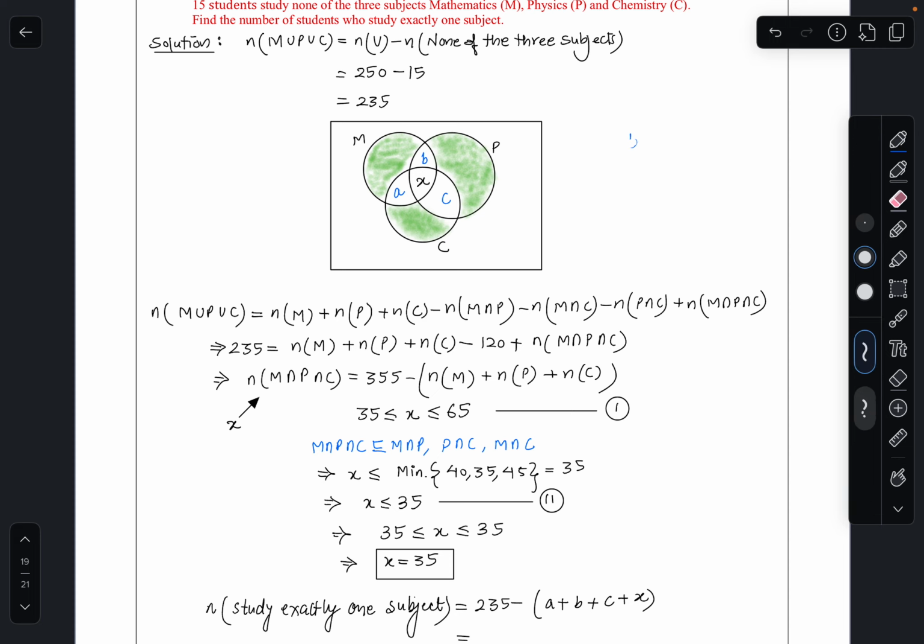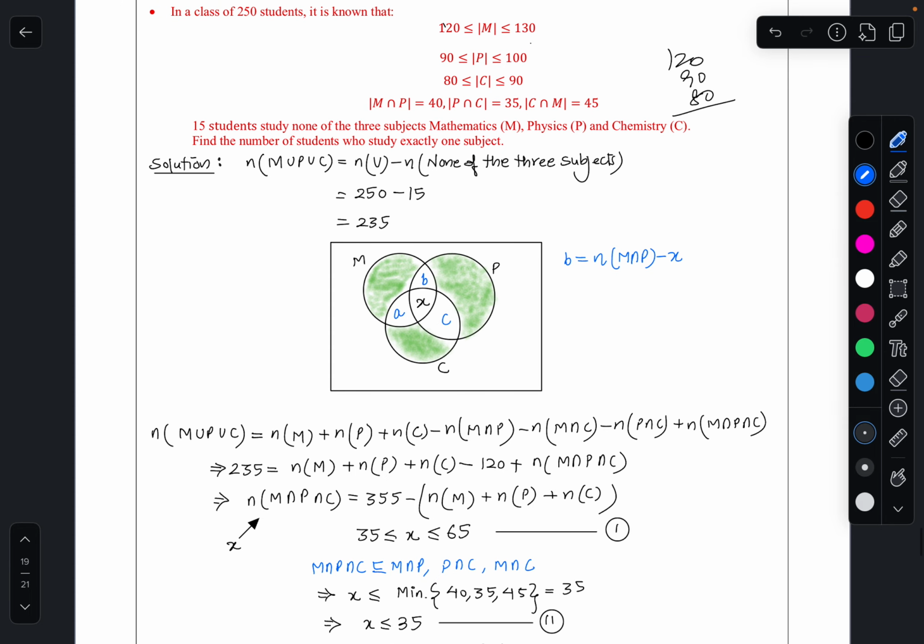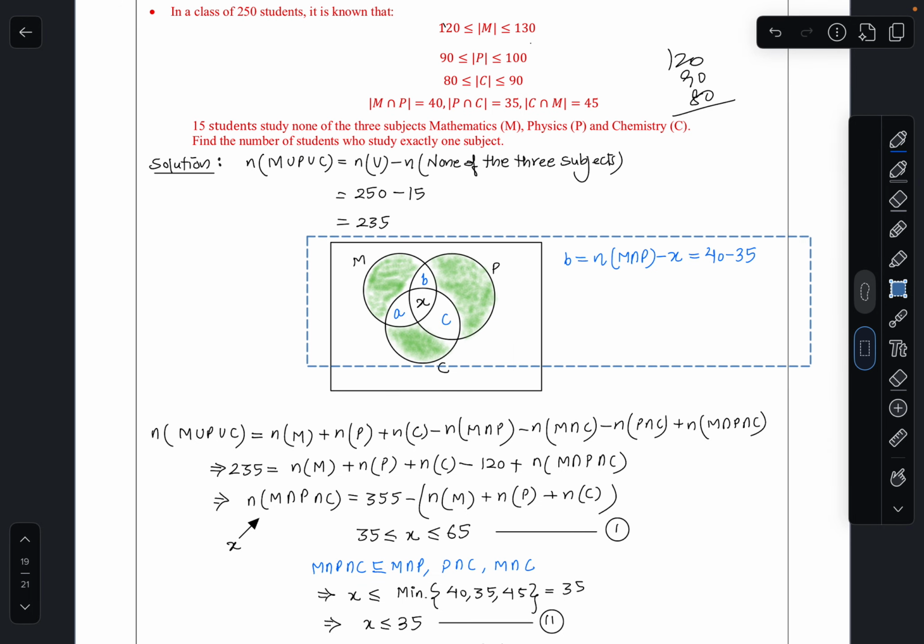For the B, B is the number of elements in M intersection P minus X. Intersection of M and P has 40 elements. 40 minus 35, that would be 15 for us. So the value of B is 15.